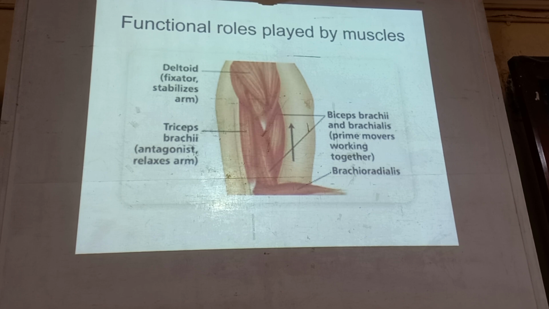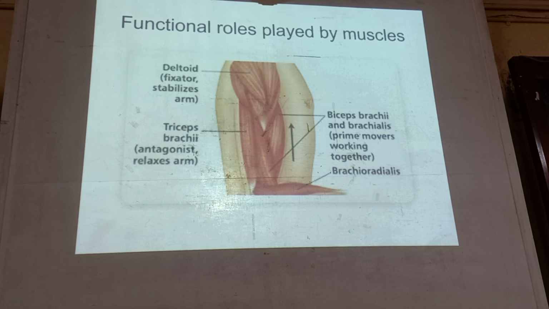Not just the deltoid, other muscles attached to the humerus also: supraspinatus, infraspinatus, teres minor, teres major. All these muscles stabilize the shoulder joint so that one attachment of the muscle remains fixed. If one attachment of the muscle remains fixed, then it can act more efficiently at the distal joint.